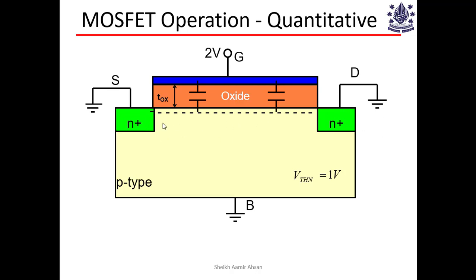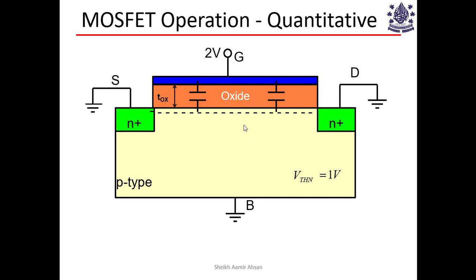One thing is straightforward: you would not be having any current flowing from drain to source because there is no applied drain-to-source voltage. But if we apply a gate voltage which is greater than the threshold voltage, let's say the threshold voltage of this n-type MOSFET is 1 volt, and we apply a voltage at the gate greater than 1 volt, then definitely you'll have some inversion layer.